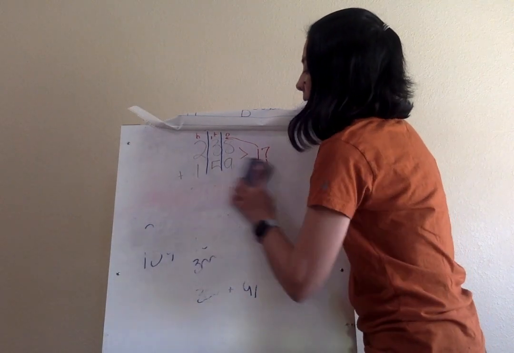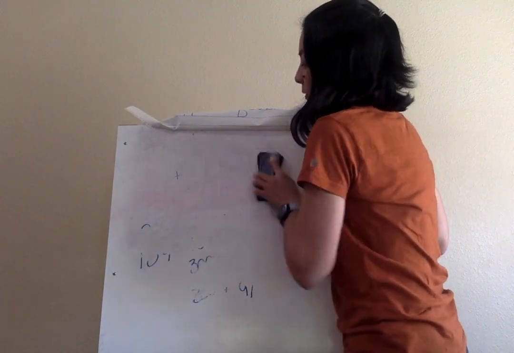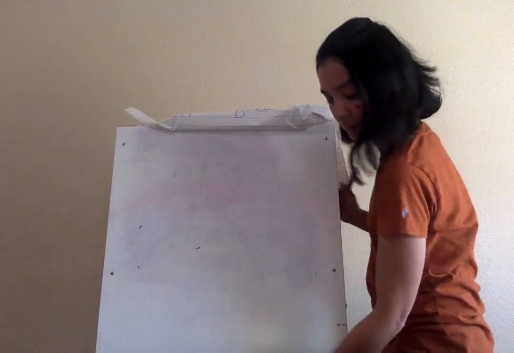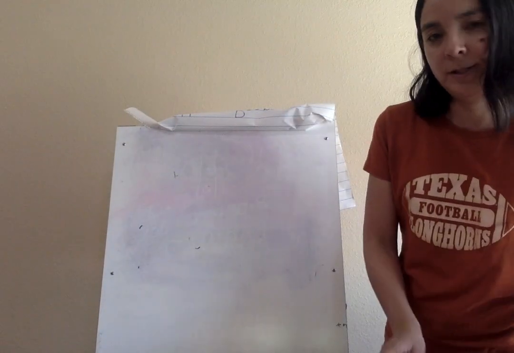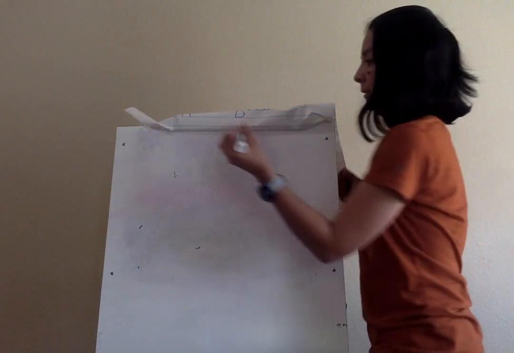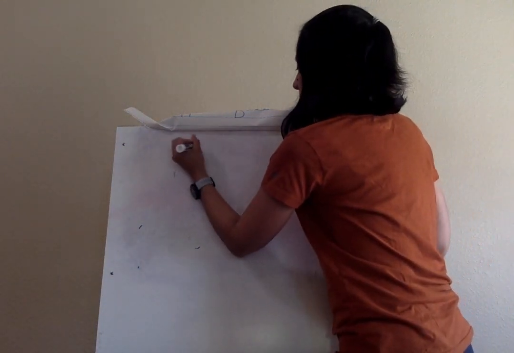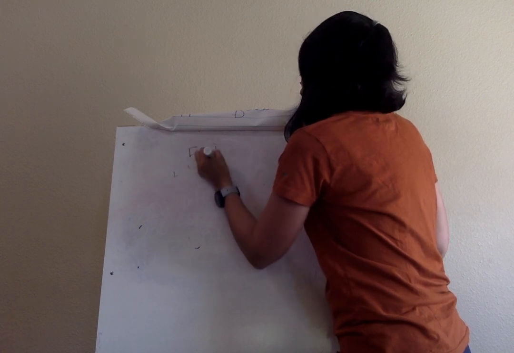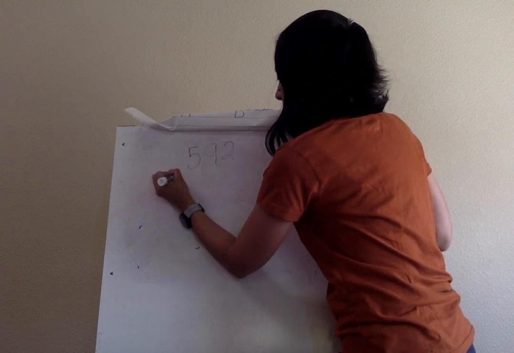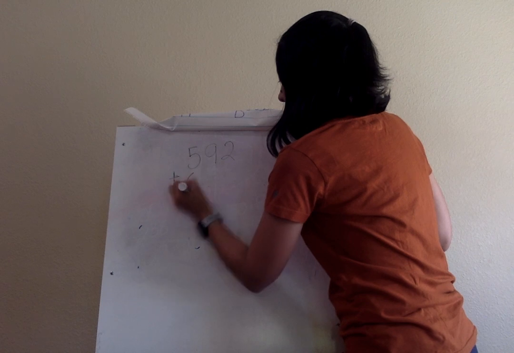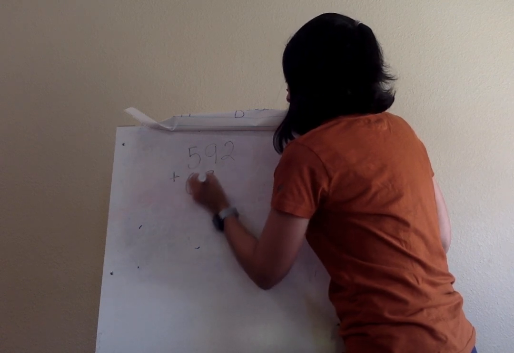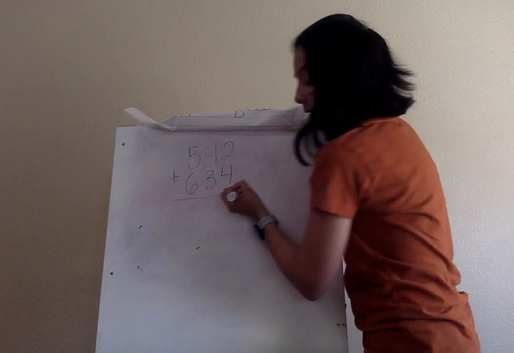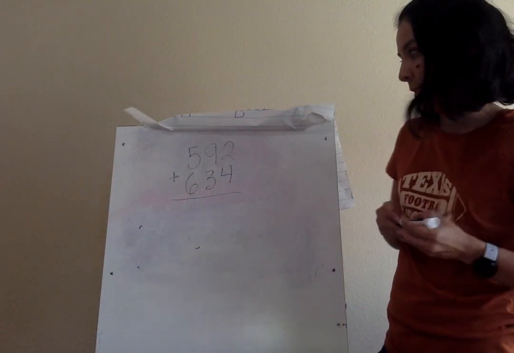Okay. I would like to try one more problem with you today. This one is going to be a little bit different. I'm going to add in the hundredths place again.